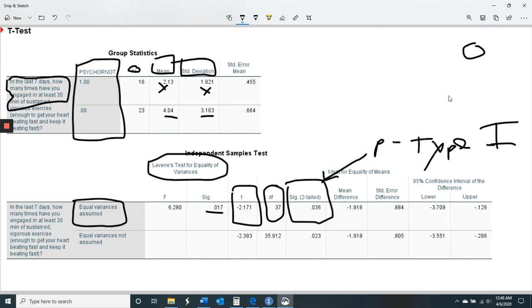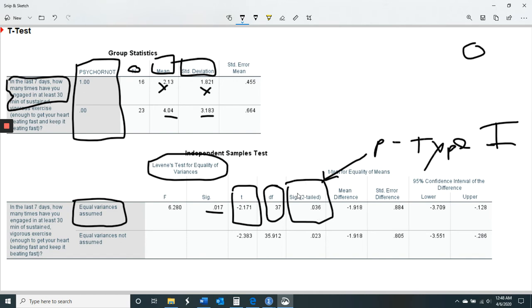So remember, for us, we've always set our alpha at 0.05, which says that we don't want to make a type 1 error with a probability of greater than 5%. So when we're looking at these, we're going to be looking for a 0.05 and below.